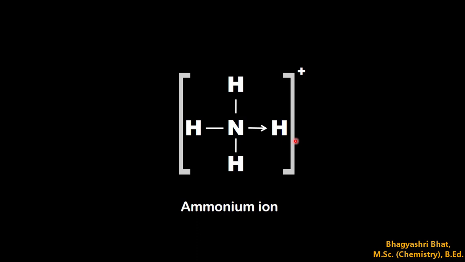In this case we can identify there are mainly two types of atoms. The atom that completely shares one electron pair is called the electron donor. So here nitrogen donates its pair of electrons to hydrogen, hence it is called the donor atom, and hydrogen accepts a pair of electrons and is called the electron acceptor.